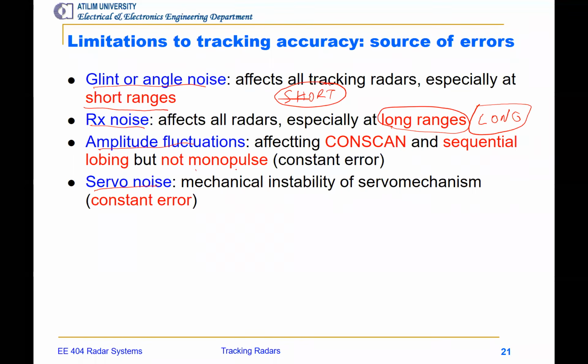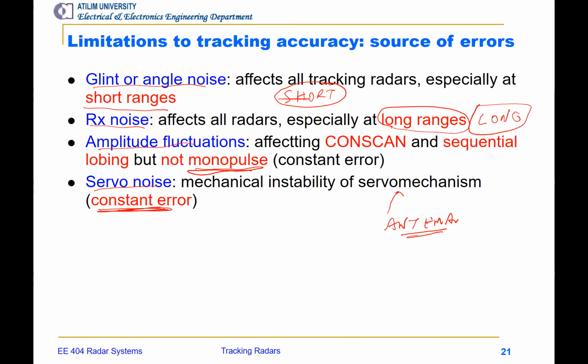But that's not a problem for monopulse, as in monopulse, all beams are created simultaneously and measurements are performed simultaneously, so there's going to be a constant error in monopulse radar. On the other hand, servo noise is about the mechanical instability of the servo mechanism system for the antenna. And there's a constant error from this.